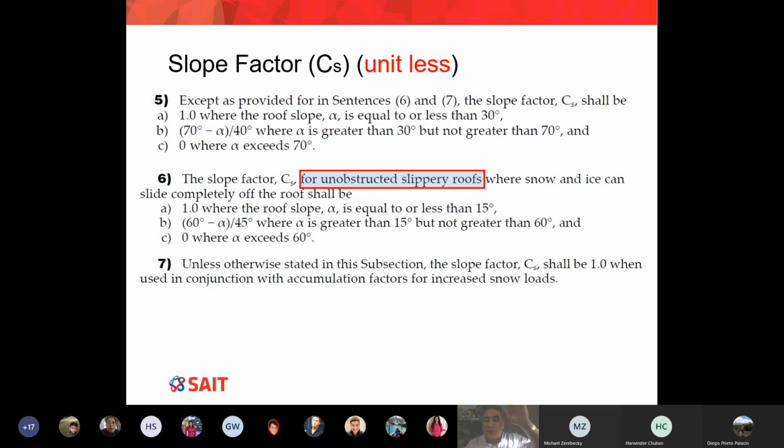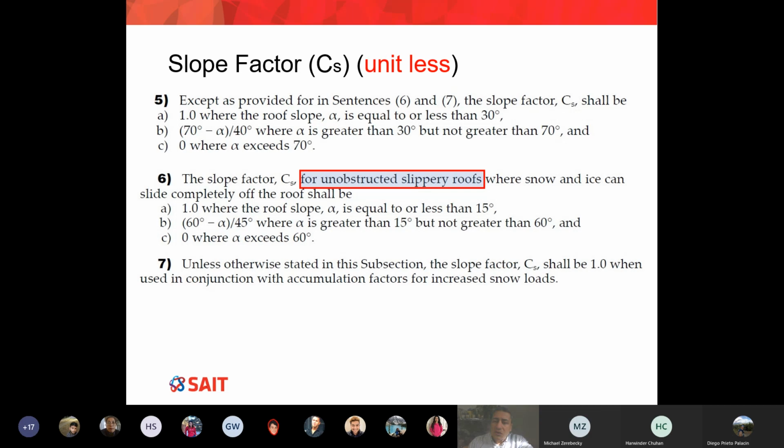It means 25% of the load will go away. If your roof is rough, again, asphalt shingles or maybe wood shingles, and the angle is less than 30, it means we leave the C sub S equal to 1. It means no reduction due to the slope. No reduction due to the slope.